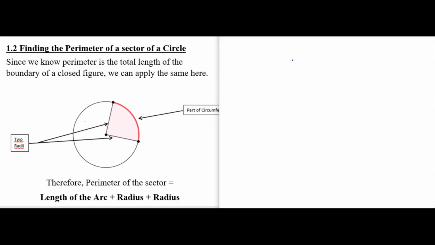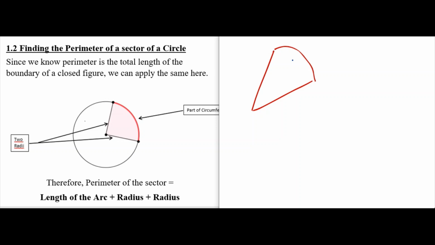Now we are going to focus on section 1.2, finding the perimeter of a sector of a circle. We already learned what a sector of a circle is. It's something like this, where you have two radii and a part of a circumference. Part of a circumference is also known as the arc, and we learned how to find the arc length.